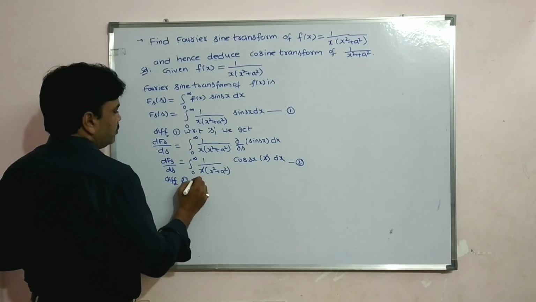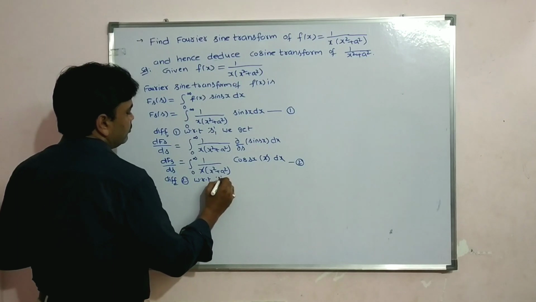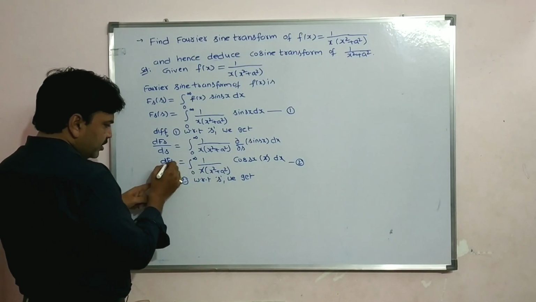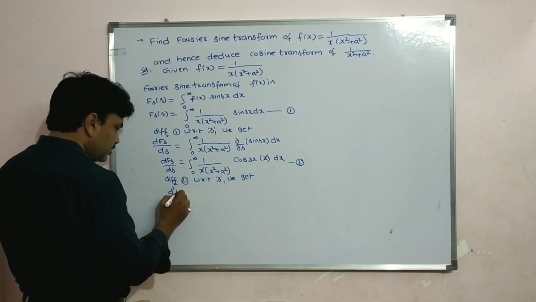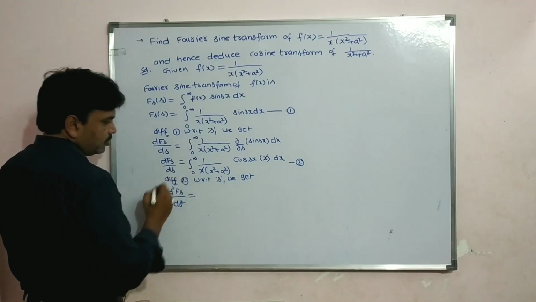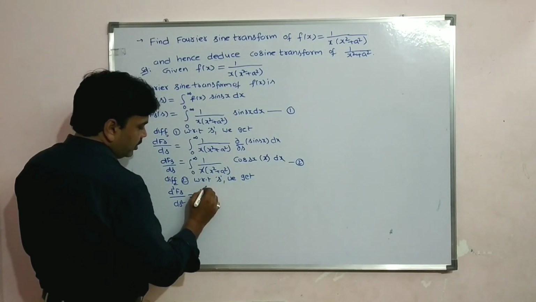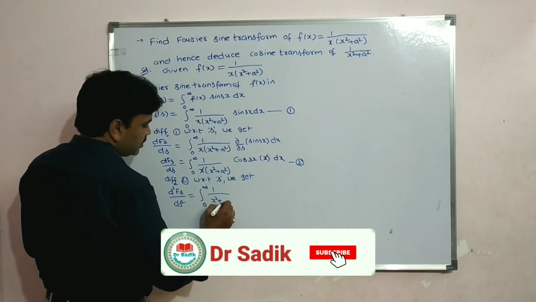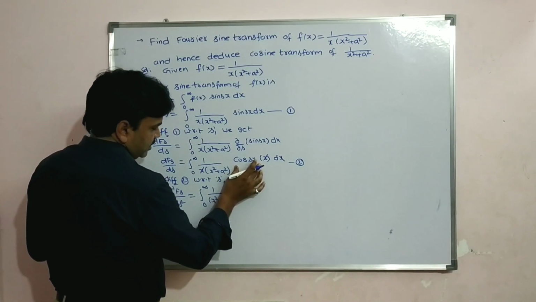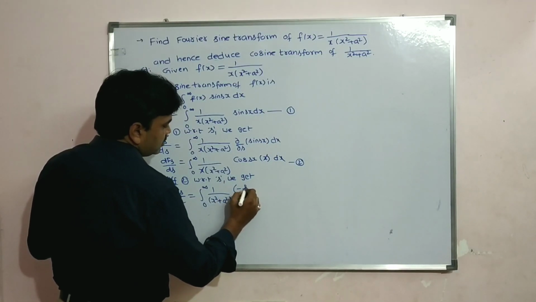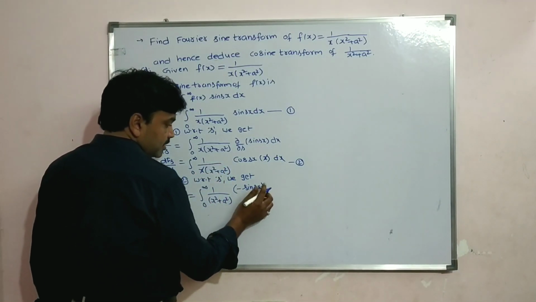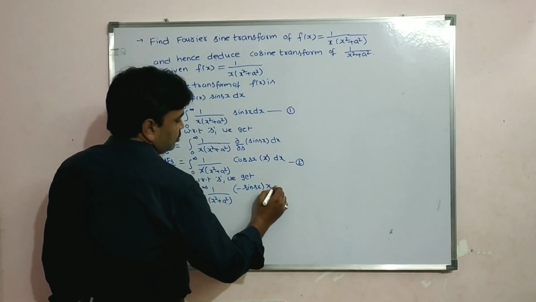We get d by ds of dFs by ds, that is d square Fs by ds square, equal to integral 0 to infinity 1 by x square plus a square into, this time the derivative of cos sx, we get minus sine sx, and again the derivative of sx is x, into dx.